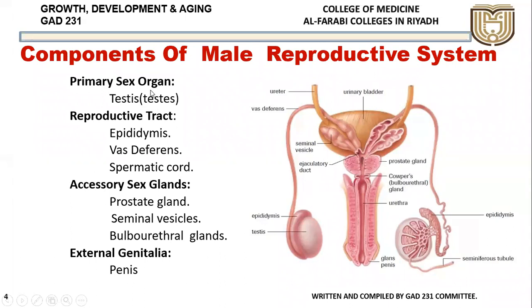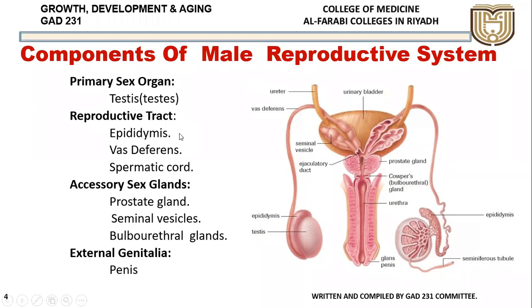Singular is testis, and the plural, when it is including both, is called testes, with an E instead of I. This is plural and this is singular. Okay, so these are the testes here on either side. Then this is the primary sex organ in case of male.